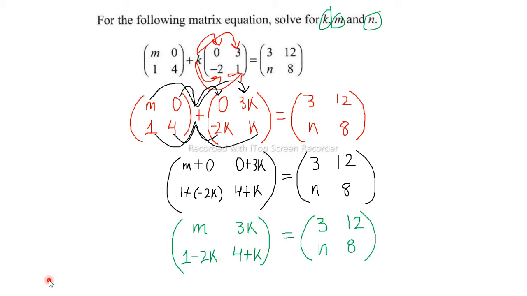So now, if those two are equal, that means that these two must be what? Equal. Must be equal, right? So that means, remember, corresponding entries must be equal. So that means that M equals what? 3. Voila. We found what M was.